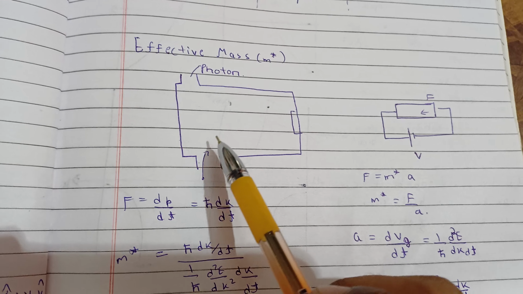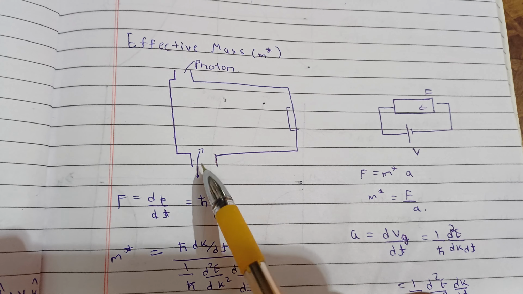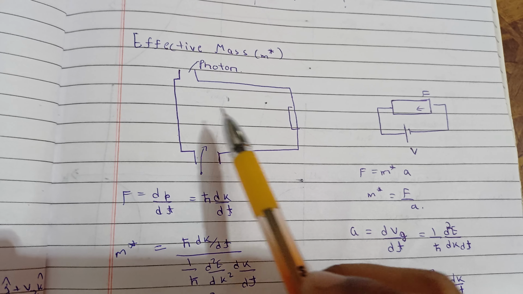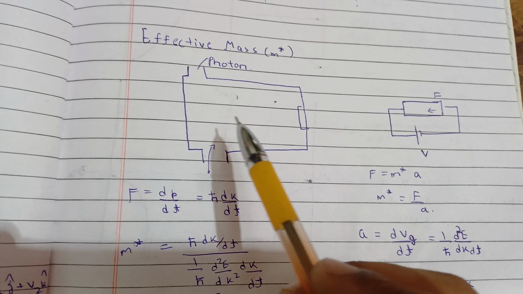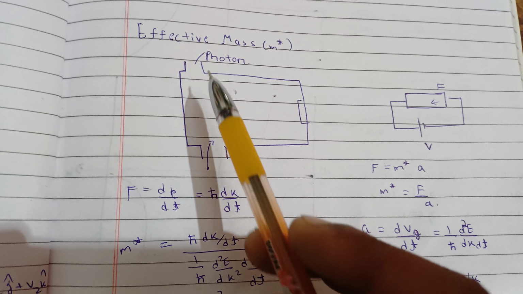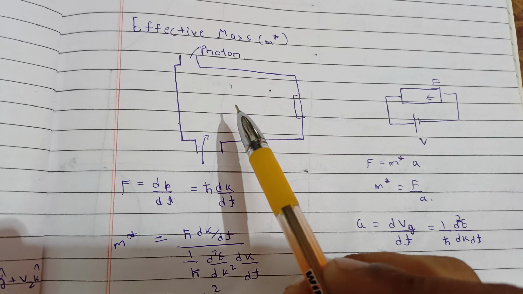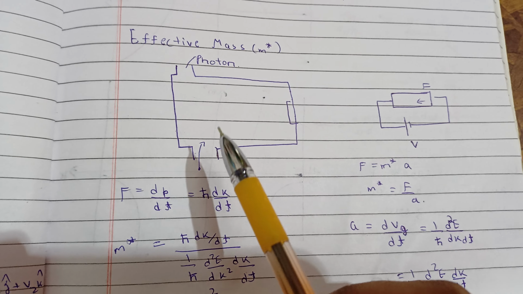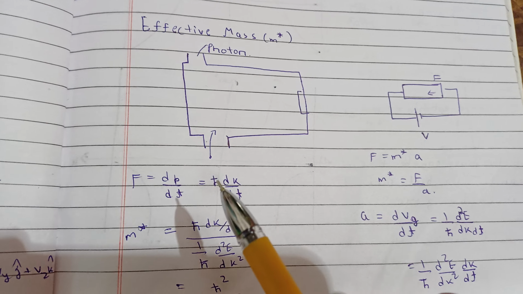But some particles like electrons and protons interact, and that interaction gives resistance to the particle, and this resistance gives mass to that particle. In the example, Einstein has more mass because he is getting very much resistance, and that normal person has zero mass. So this mass which is given like that, we call the effective mass. Hope you are getting the idea which I am trying to give you.